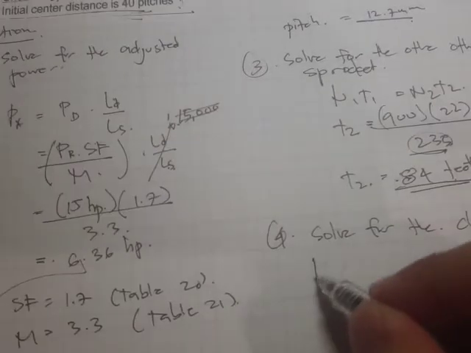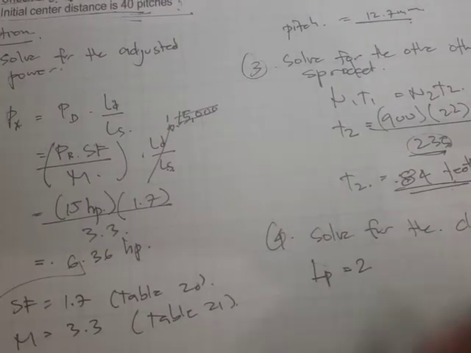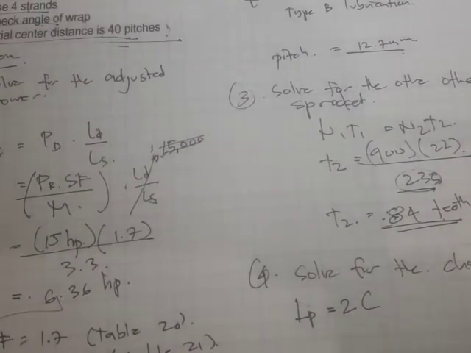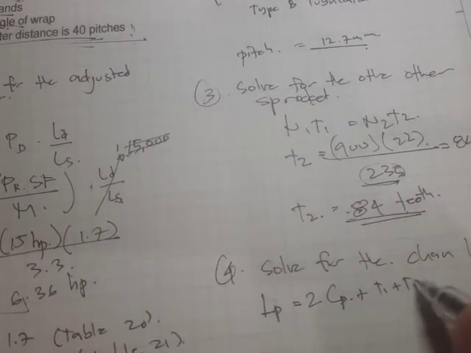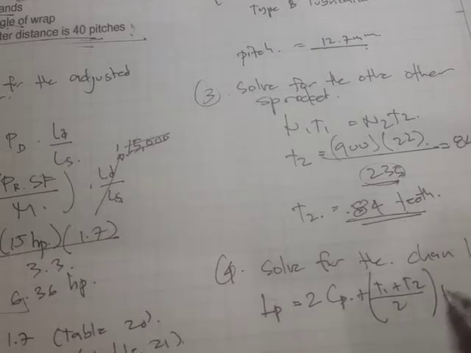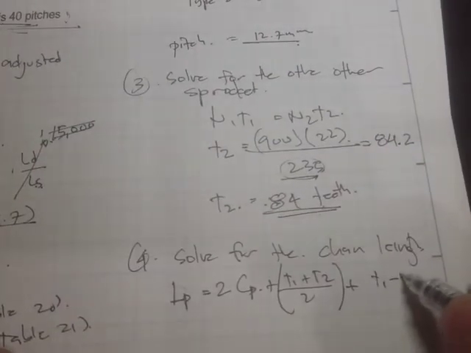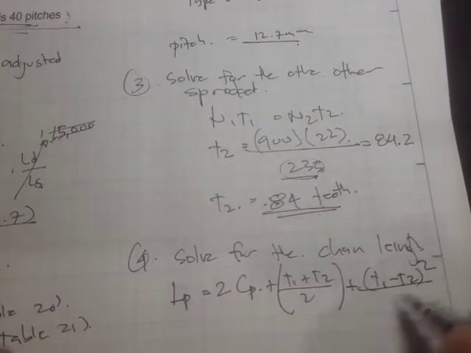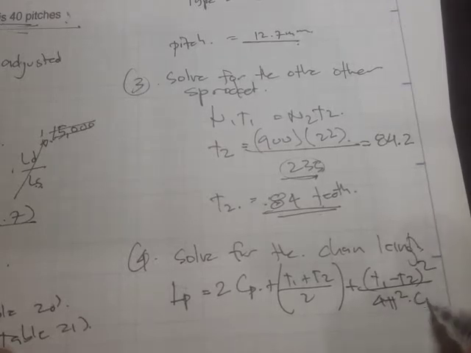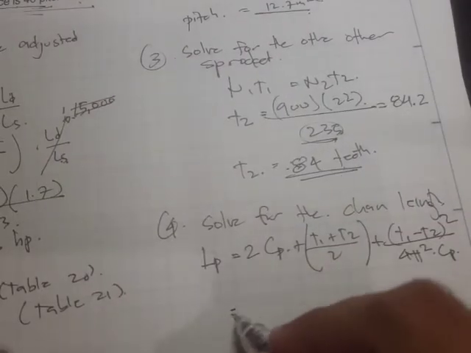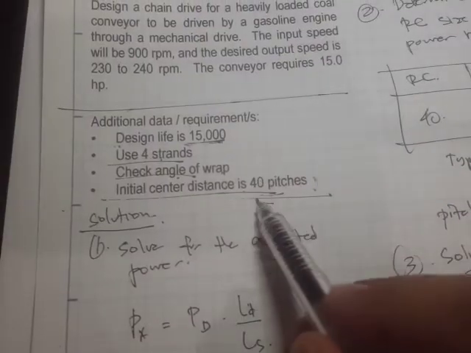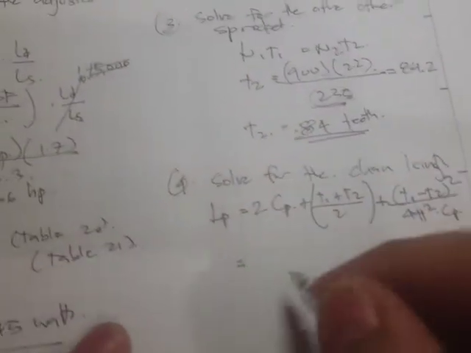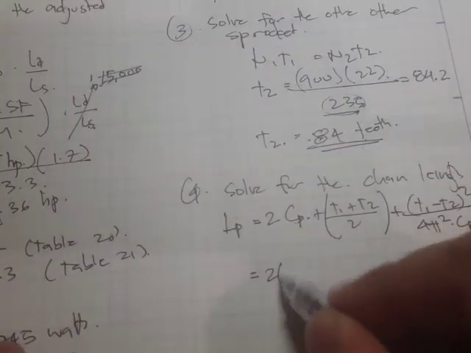Okay, so for the chain length, L sub B is equal to 2 times the center distance in pitch plus (T sub 1 plus T sub 2) over 2 plus ((T sub 1 minus T sub 2) squared) all over (4 pi squared times C sub B). The center distance is already given in terms of pitch, so we'll just substitute that directly.